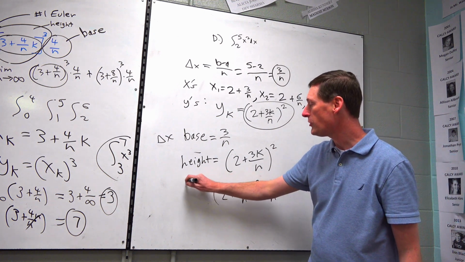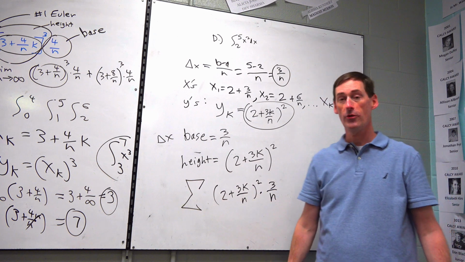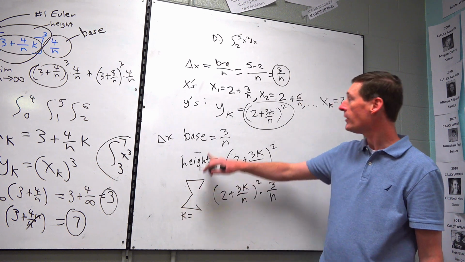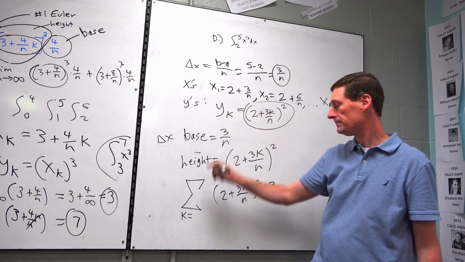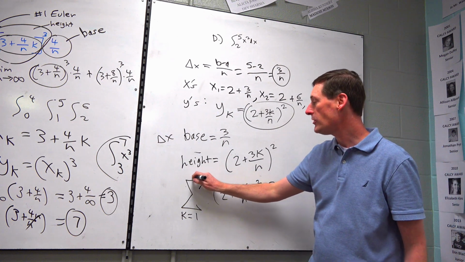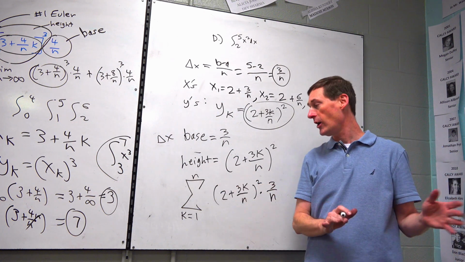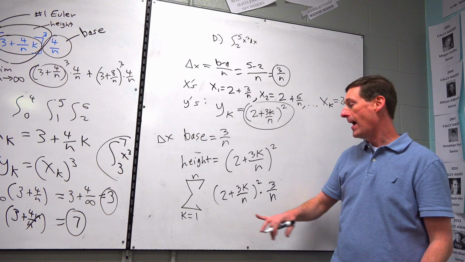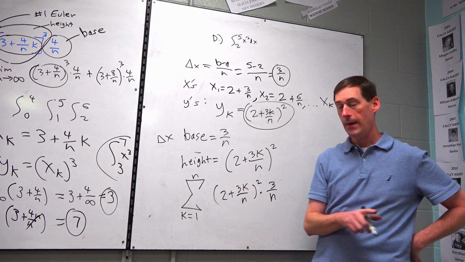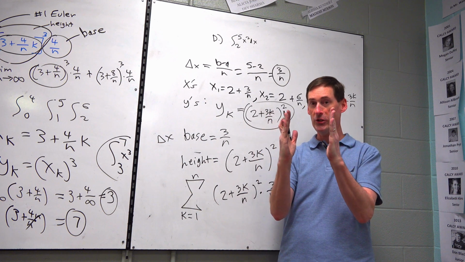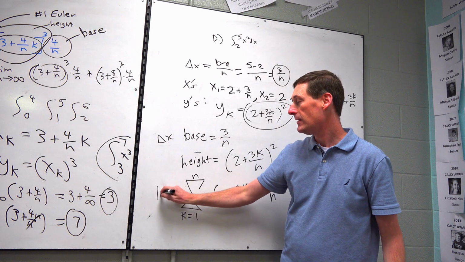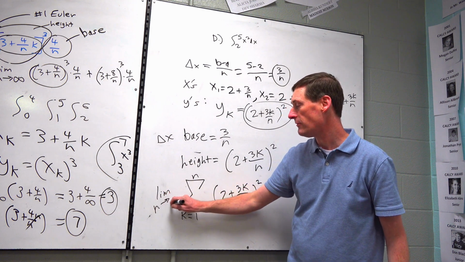We are going to sum all the rectangles from k equals, the first one was x sub 1, up to the last one, which is x sub n. That will give you still a finite number of rectangles, though. How do we crush the rectangles infinitely skinny and make them into a full area under the curve? Take the limit as n approaches infinity.